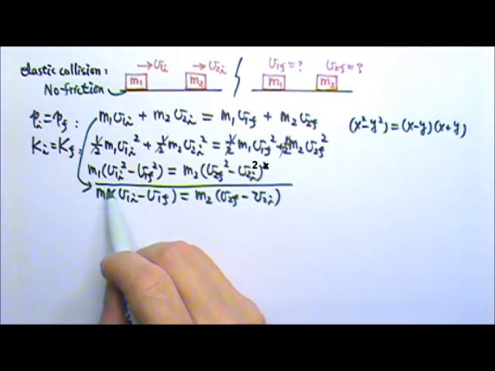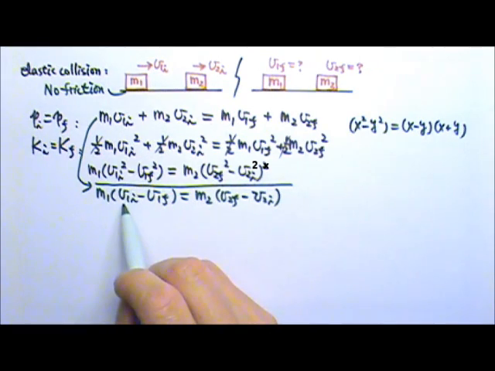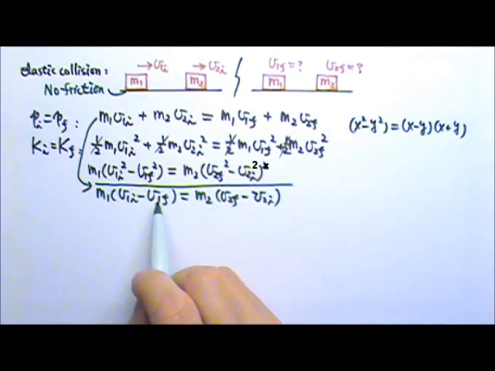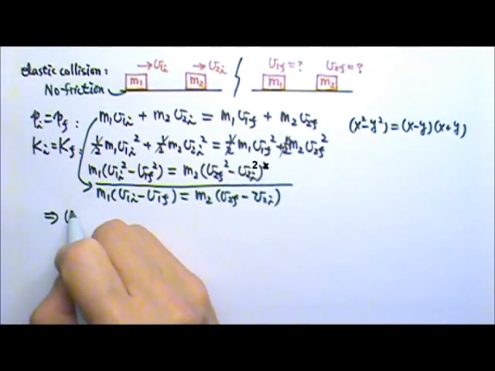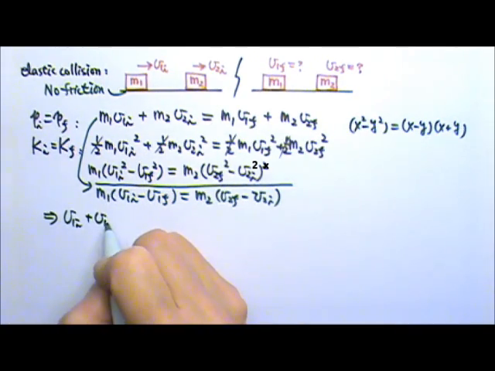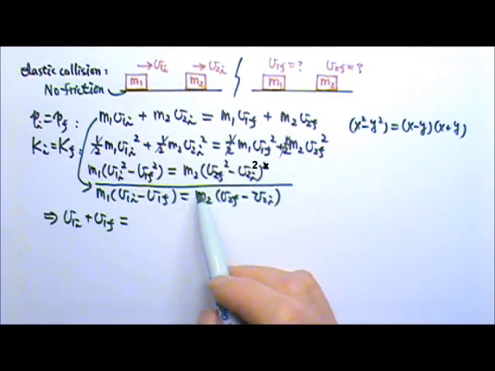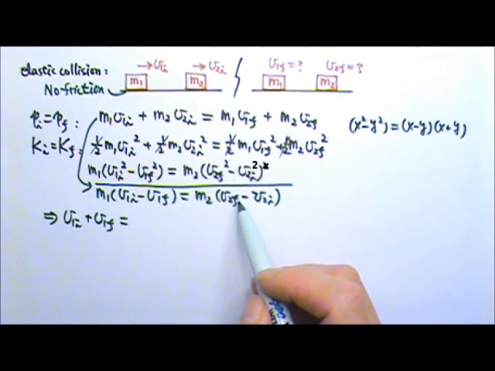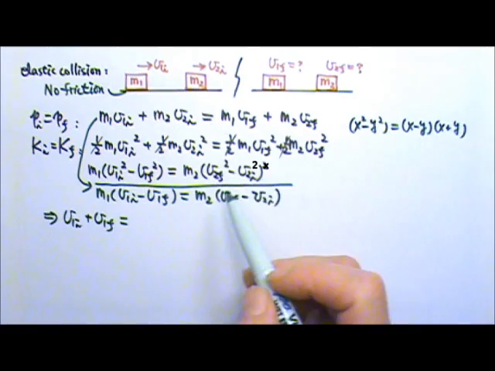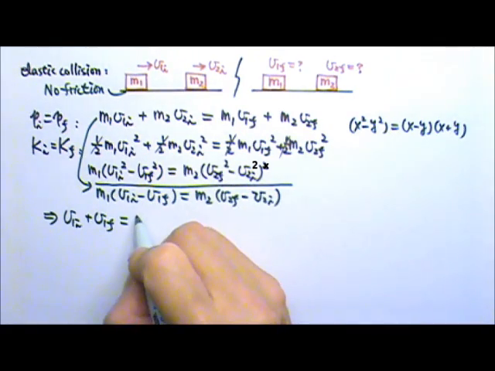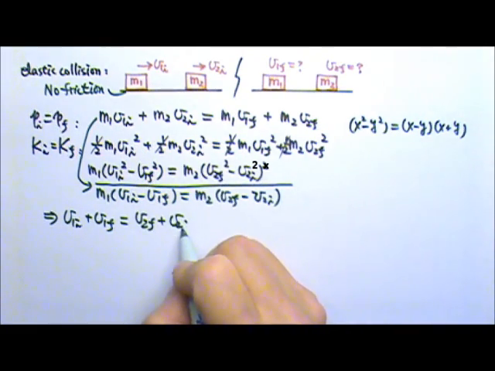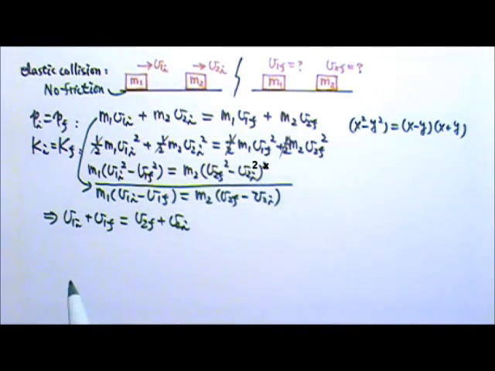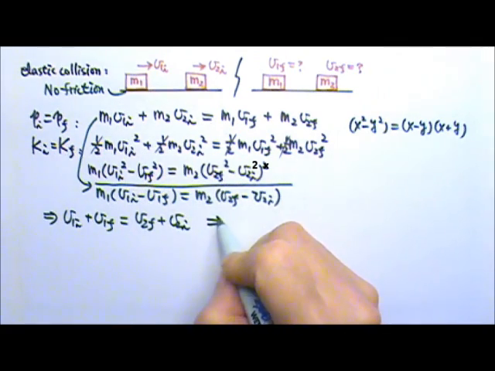So with the m1s canceled, this part will equal x plus y. So this will become v1i plus v1f equals, on this side, this divided by that, m2 cancels also, and this becomes x plus y as well, so v2f plus v2i. We're almost there.